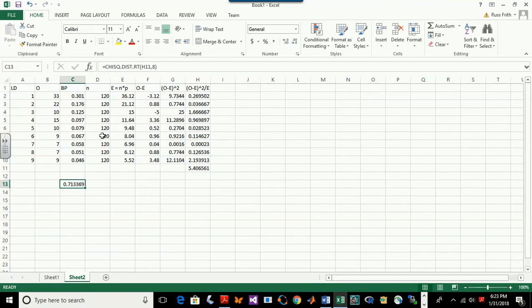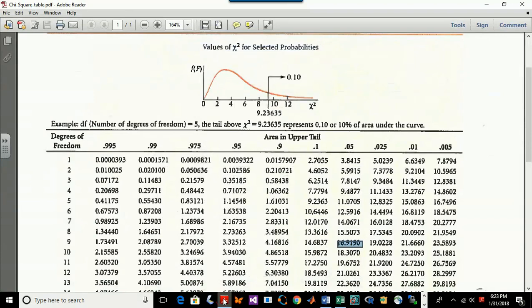Okay, so that's the p-value test, and then we can use the chi-squared against the test statistic. So we have a right-tailed chi-squared with degrees of freedom 8 and a test statistic of about 5.4. So let's look at degrees of freedom 8, and alpha is 0.5.